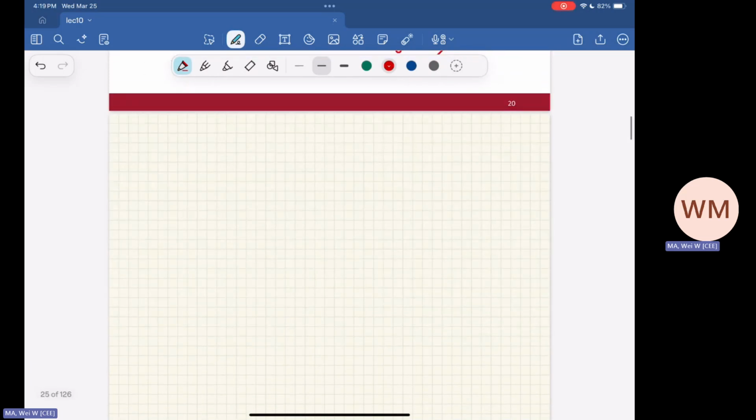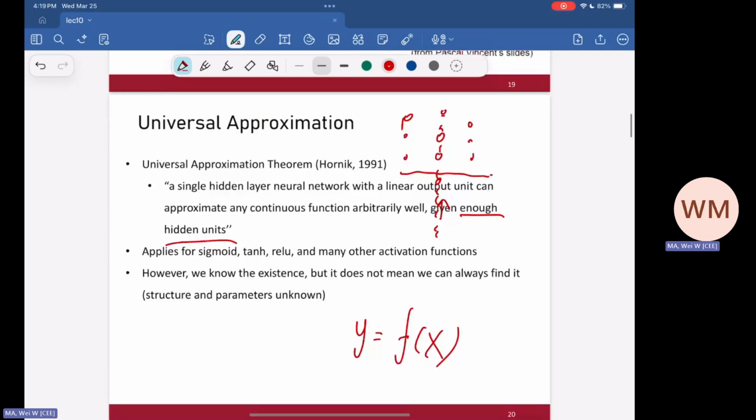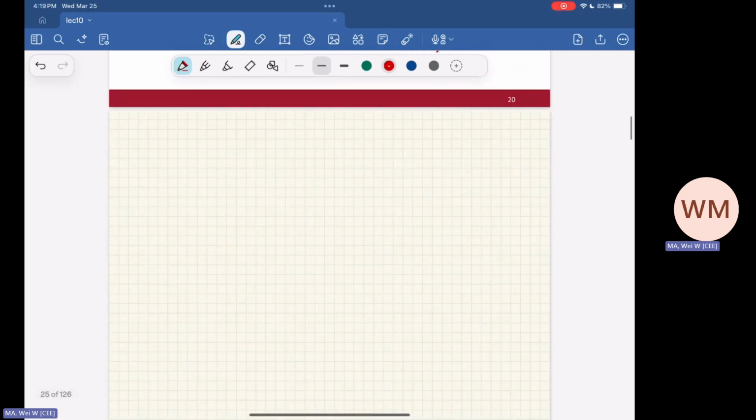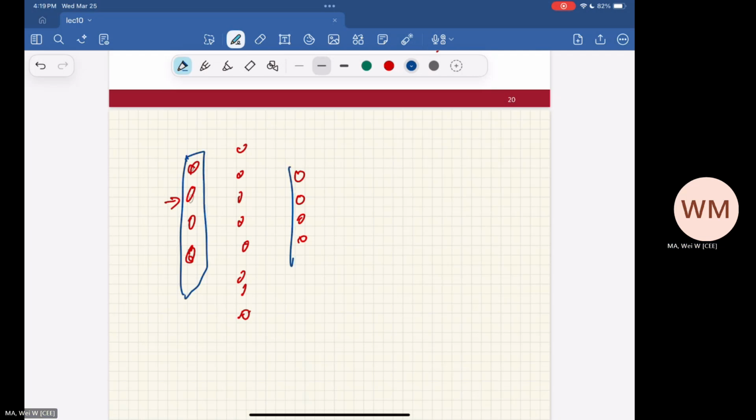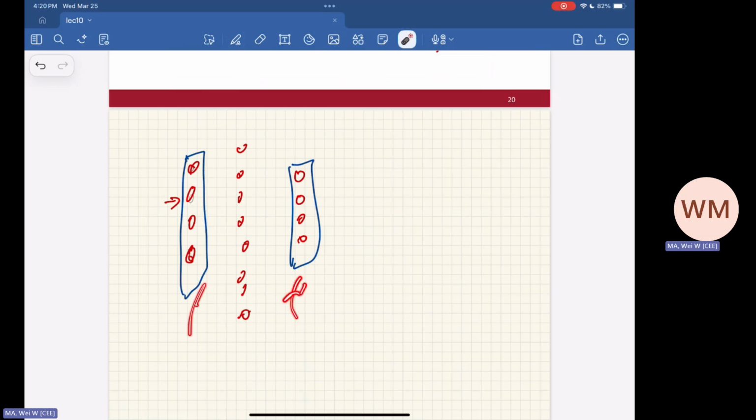Here you can see that the universal approximation theorem says that you have a neural network with the input, then a hidden layer, which can have an arbitrary number of units, and then the output layer. Something that I want to highlight is: how do you decide the dimension of each layer?